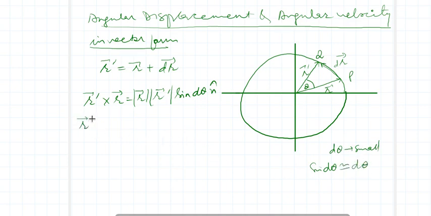So I can write down r, sorry, not r prime, let me do a little correction here. It should be r and r prime, and this is r vector cross r plus dr. I just substituted its value from here, and it is mod of r and r plus dr mod d theta n cap.